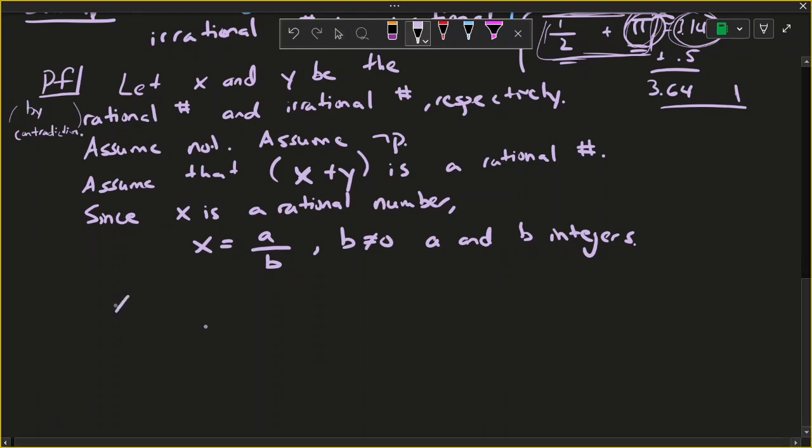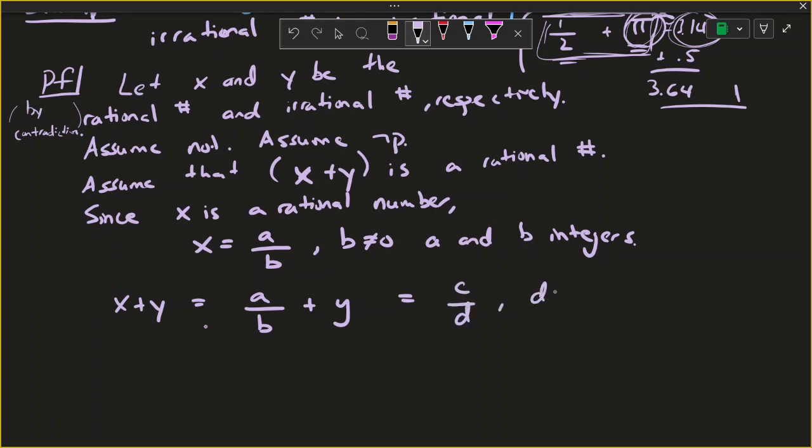So then we have x plus y equals a over b plus y. And we assumed that this sum is equal to a rational number, and so I'll just say c over d, d not equal to 0, c and d are integers.